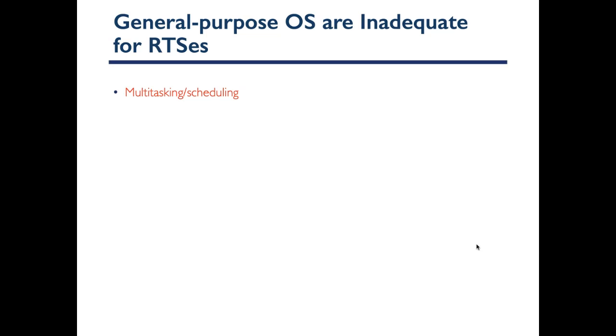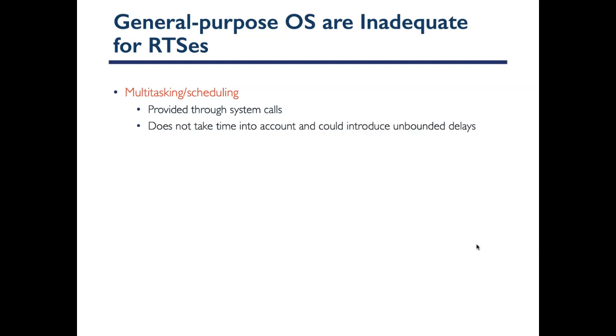Generally speaking, multitasking and scheduling is one area that you see the huge difference. So usually when you're talking about multitasking and scheduling in a general purpose system, you're basically talking about throughput. And you want the highest performance you can get out of multitasking and scheduling.